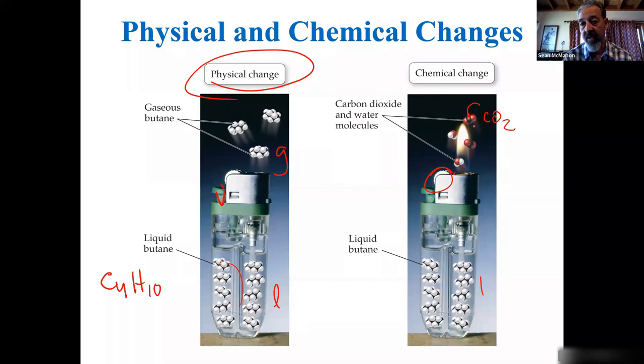The ball is your carbon, and then the two red are your oxygens, and H2O. Again, red is oxygen, white is hydrogen, and black is your carbon. So you'll see in a lot of molecular models, there's a ton of black and then a ton of white and red, because most of your organics, right, organic compounds, biological systems have carbon, hydrogen, and oxygen.